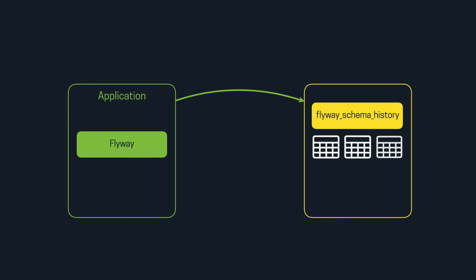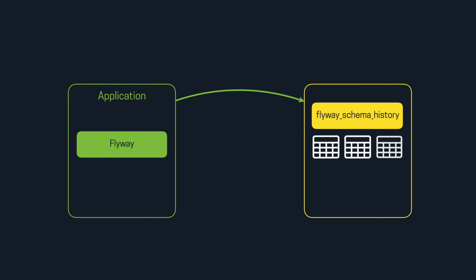Once the Flyway schema history table is created, it then scans through your classpath to find all the migration files you have created. The migrations are then sorted based on their version number, and it will apply them in the order they are defined. As each migration file is applied, the schema history table will be updated to keep track of all the migrations that were executed on your database.